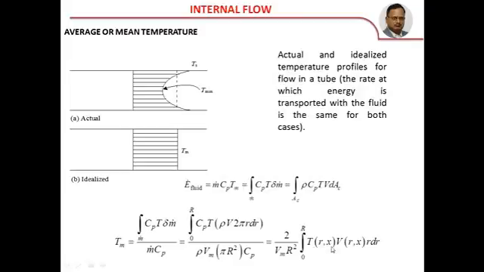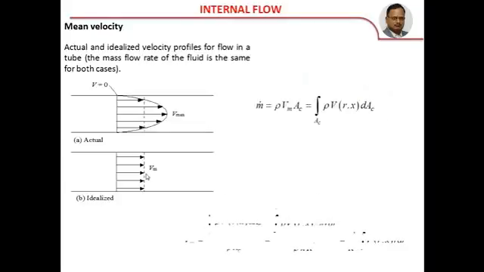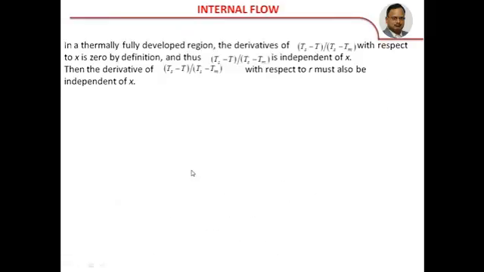This is for mass flow rate in the idealized case. So again cancels, you will get 2 by average velocity into r square, 0 to r, temperature as a function of r comma x and V as a function of r comma x, r dr. This is how you have to find the average temperature or average velocity in this case.